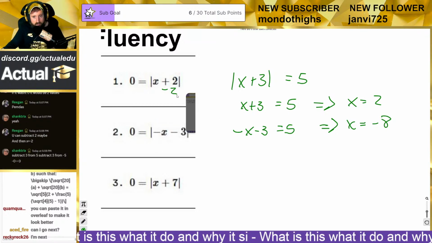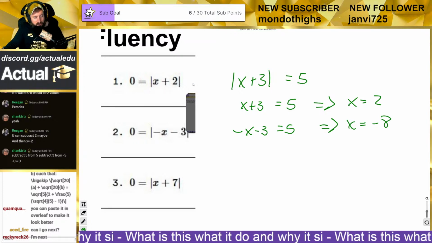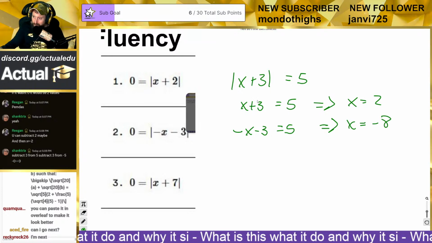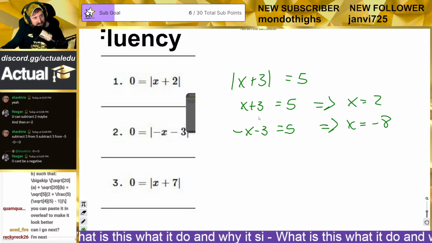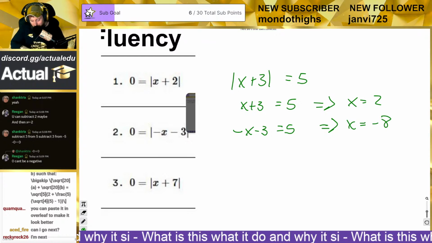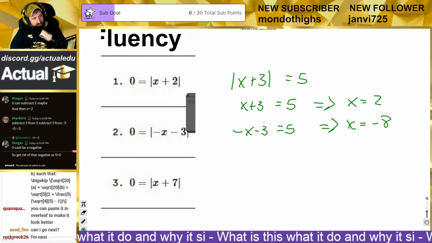Yeah, you just subtract 2. Negative 0 equals 0. Negative 0 does equal 0, if 0 is allowed to be negative. Regan, 0 can't be negative. I mean, probably not properly, but negative 0 is 0, I guess.